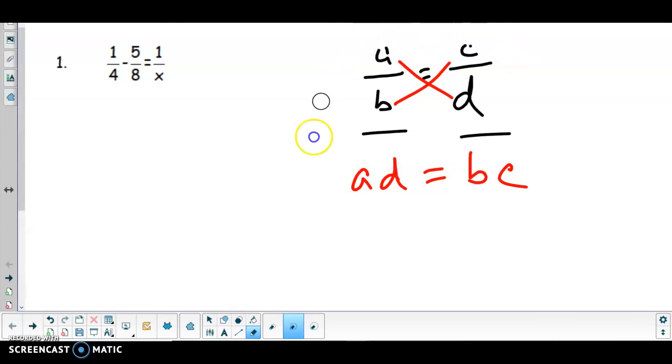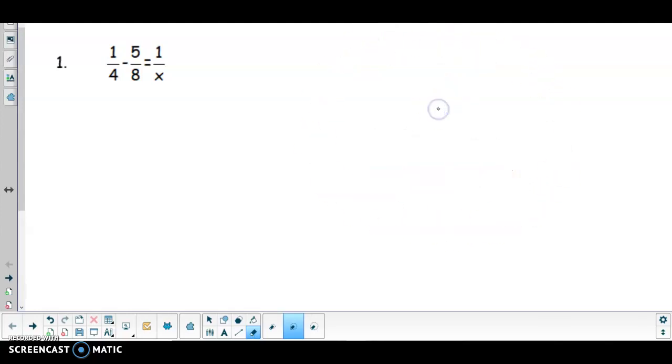All right, so keeping that in mind, looking at this equation, we have a fraction over here. The denominators are not the same. We have a 4 and an 8. So we want to get 1/4 to be an eighths. So to do that, we need some value of 1 that I can multiply both the numerator and the denominator by to get the denominator to 8.